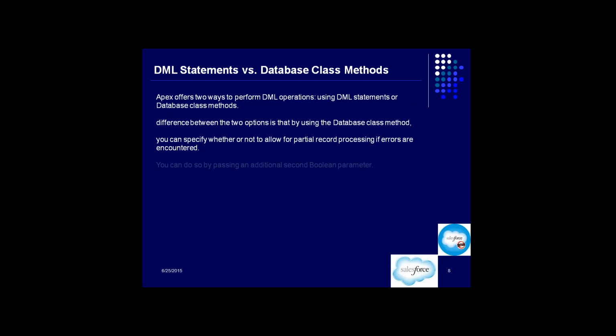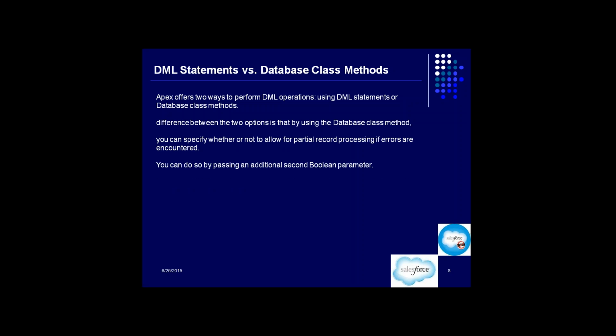You can do so by passing an additional second Boolean parameter. So there's a Boolean parameter there where you can say true or false, and you can allow partial or restrict partial.